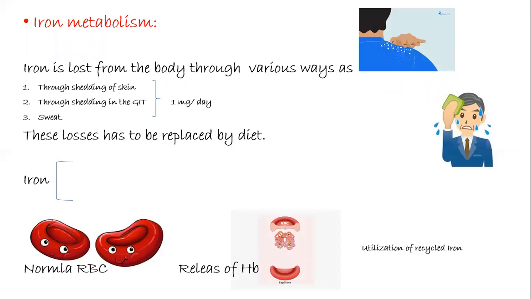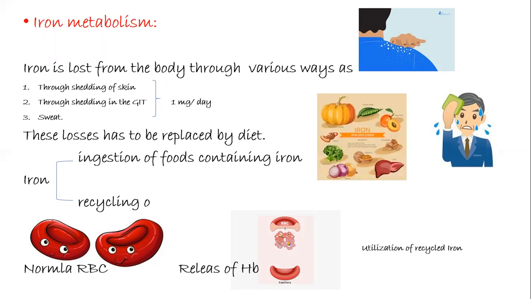In our body, iron is replaced in two ways. The first one is through the ingestion of foods containing iron, and the second is through recycling of the iron from the senescent RBCs. As you all know, RBC's lifespan is about 90 to 120 days. After that, the cells undergo apoptosis.